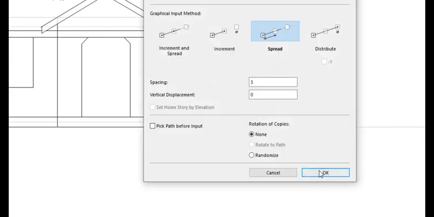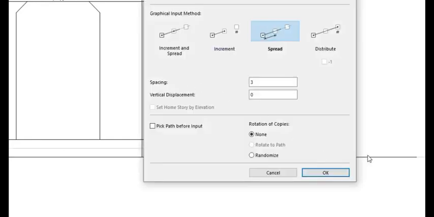You can even place glazings for our windows. So just draw lines, maybe 3 millimeter intervals or 4 millimeter intervals. There's no problem with that. And draw another one horizontally.